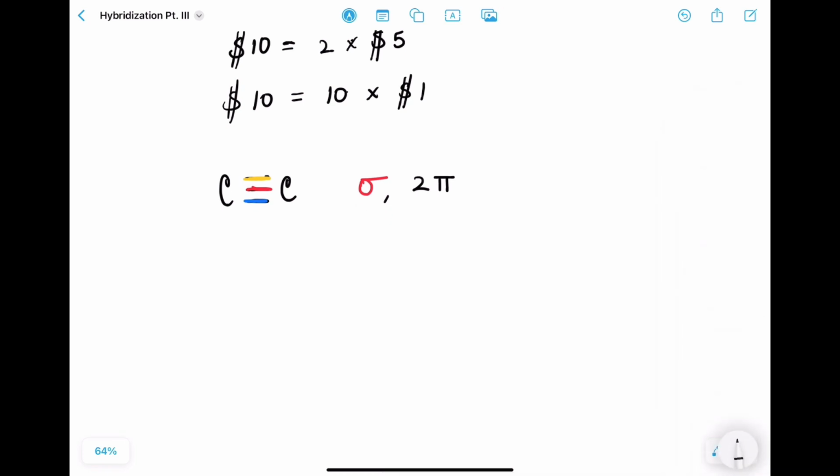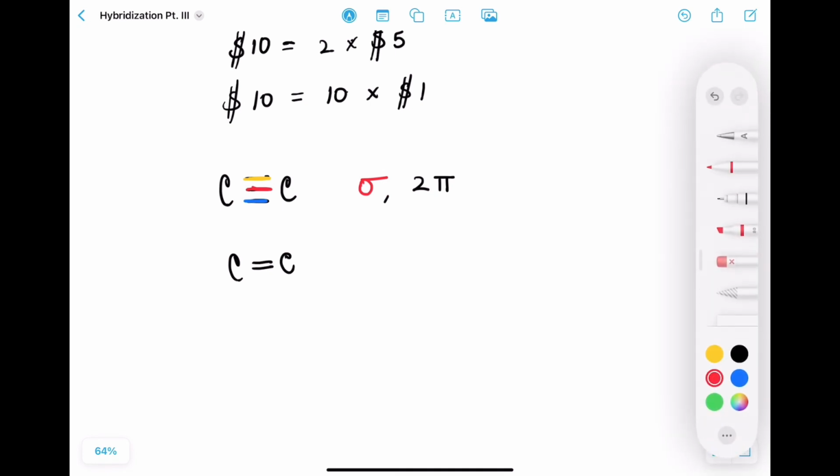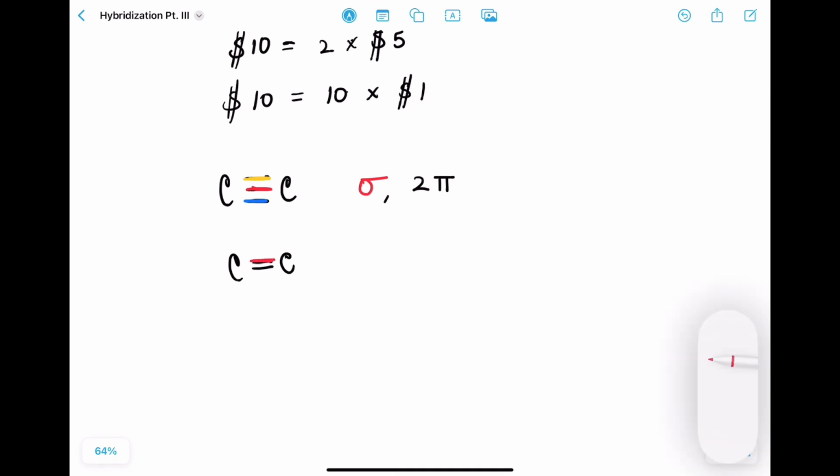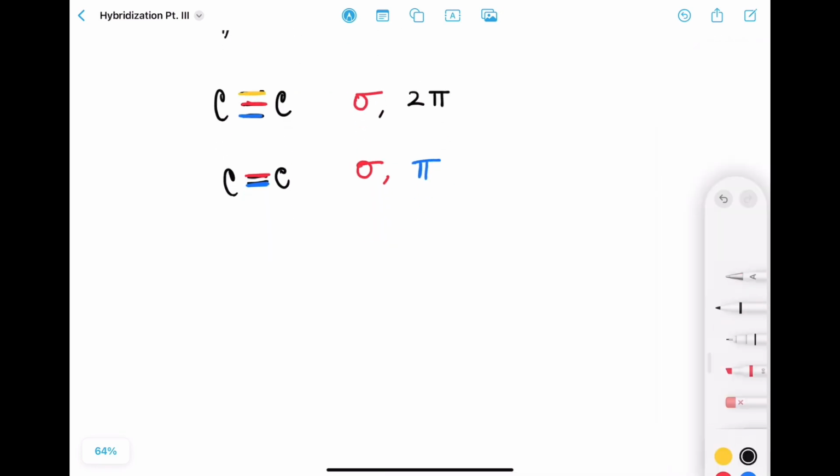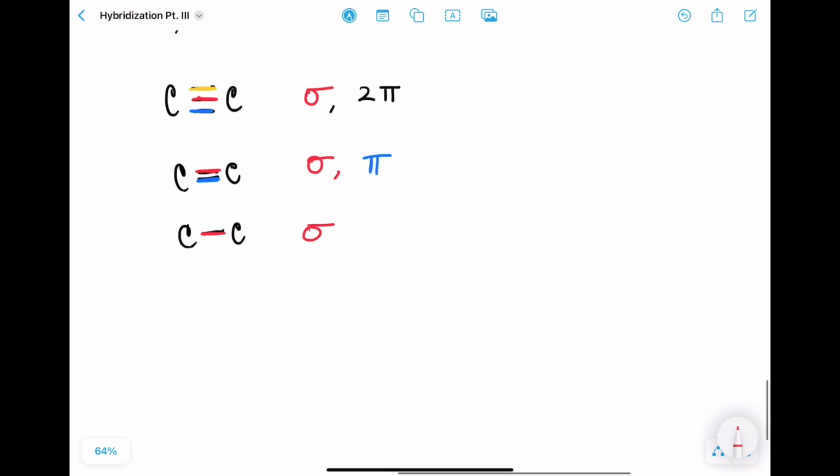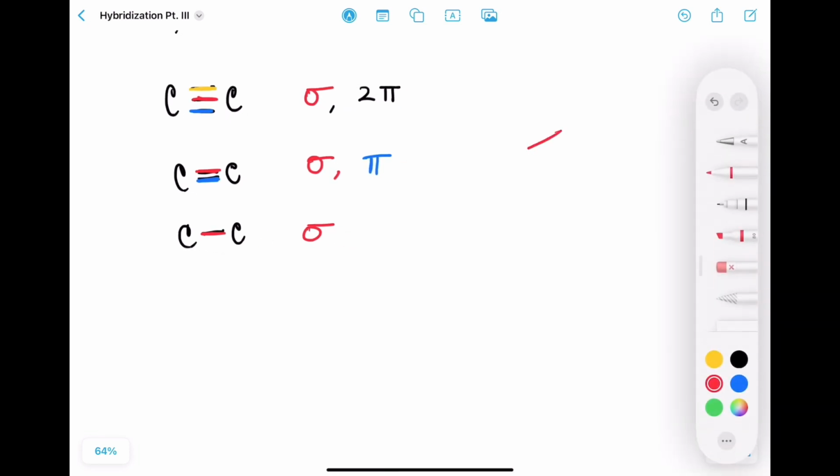Whenever I see a double bond, it's going to be 1 sigma, it doesn't matter blue or yellow in this case, and 1 pi. Whenever I see single bonds, it's just going to be 1 sigma, right?